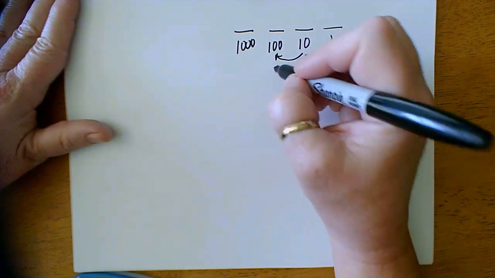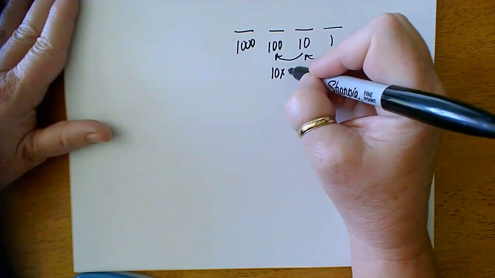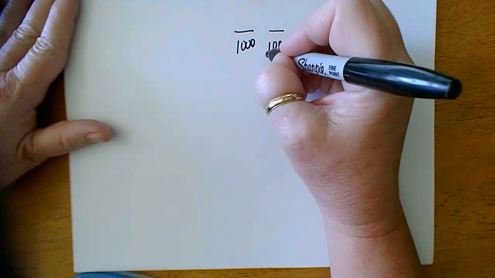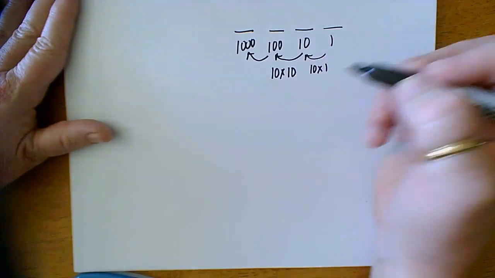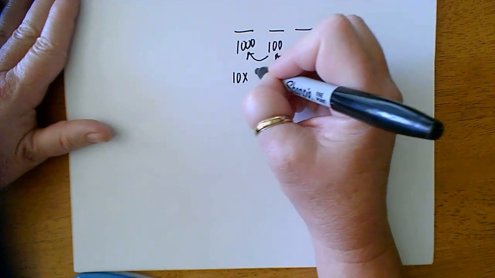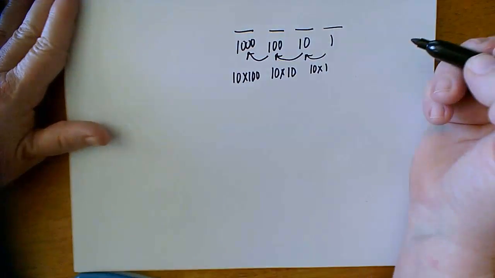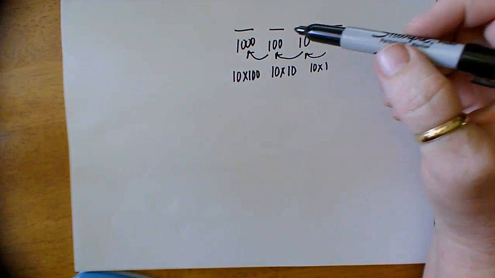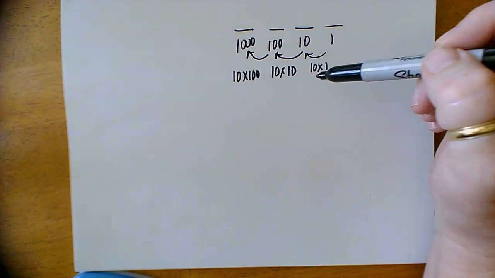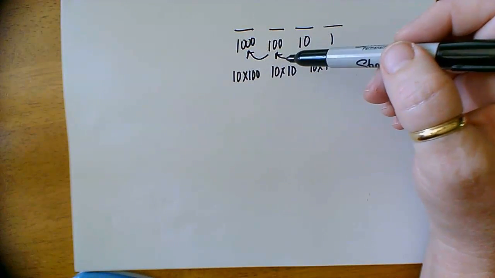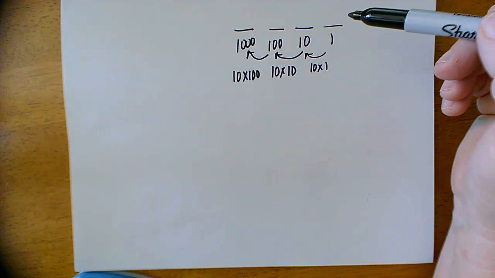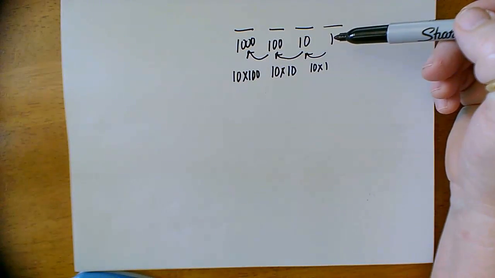The hundreds place is 10 times larger than the tens. And the thousands place is 10 times larger than 100. So we notice that going to the left, each place value is 10 times larger than the place value to its right.